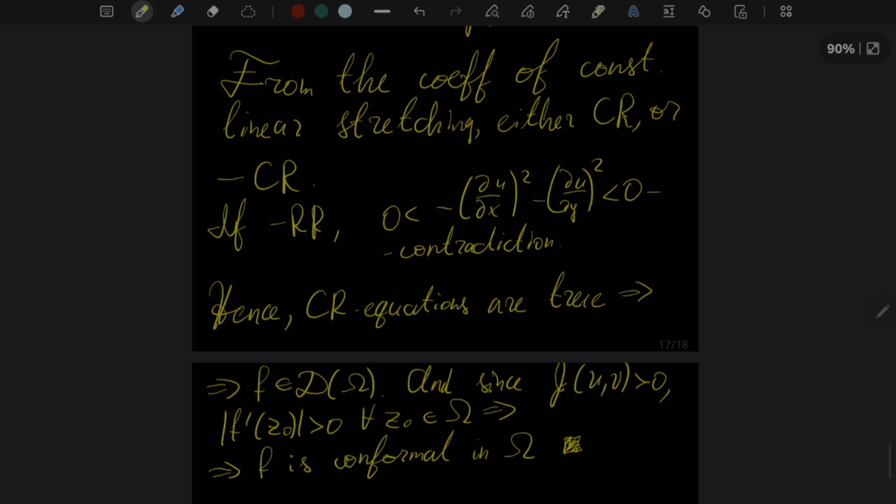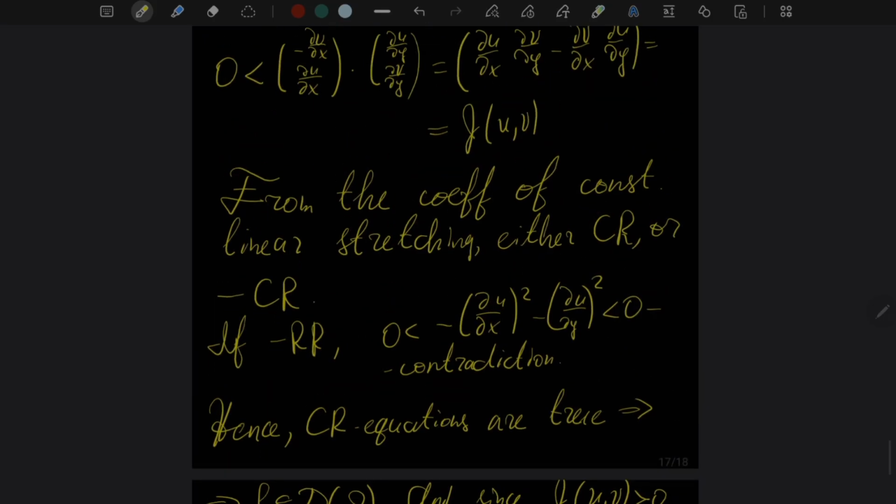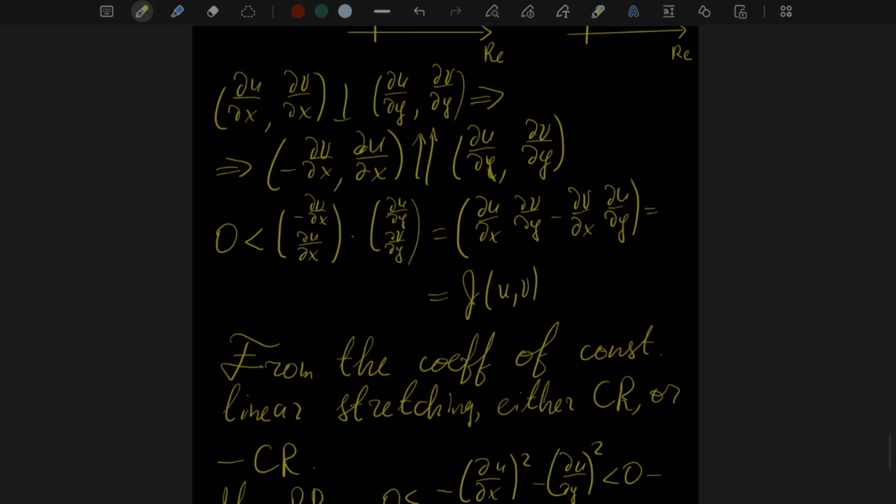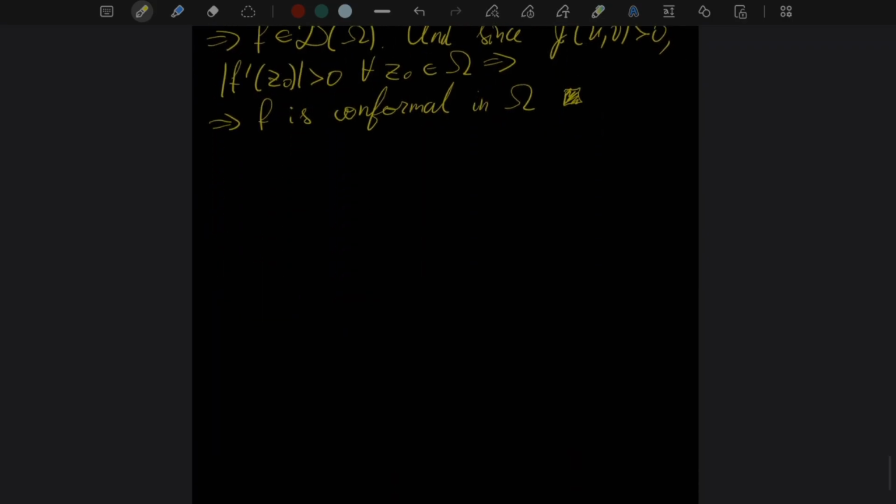Okay, so f is conformal, which is the fact that we needed to prove. And if you are questioning why the Jacobian is greater than 0, then it is by the constant coefficient of linear stretching. They can only be stretched in one way. Okay.